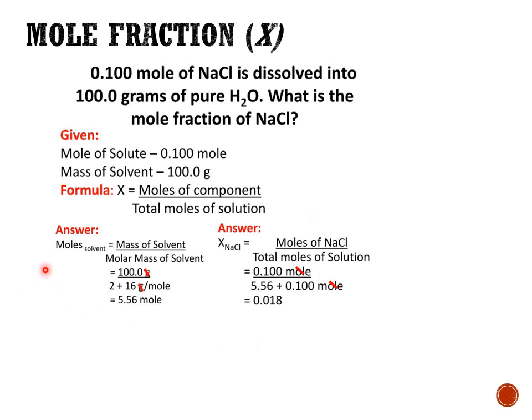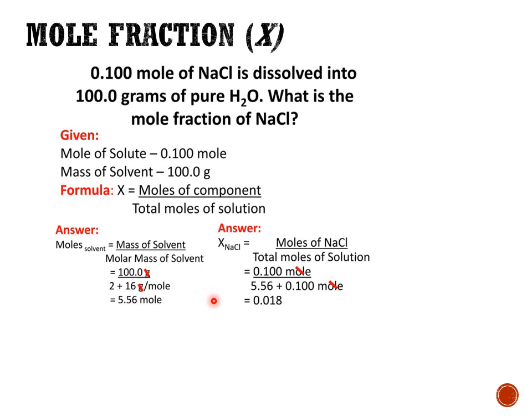So first, we have to compute the moles of the solvent. That would be equal to the mass of the solvent divided by the molar mass of the solvent. So, given 100 grams of solvent divided by the molar mass of solvent. So, bakit 2 plus 16? So, 2 kasi 1 yung molar mass ng hydrogen, so, times 2 kasi H2O, plus 16 is the molar mass of the oxygen.